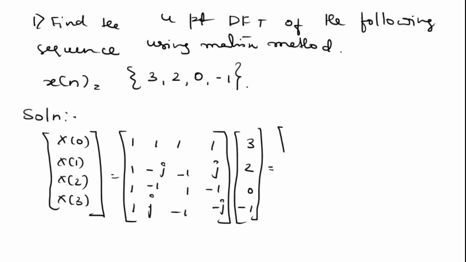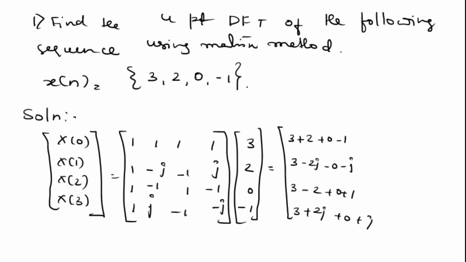which is equal to: first one is 3 plus 2 plus 0 minus 1, second one is 3 minus 2j minus 0 minus j, 3 minus 2 plus 0 plus 1, 3 plus 2j plus 0 plus j, which after simplification we get 4, 3 minus 3j, 2 and 3 plus 3j.